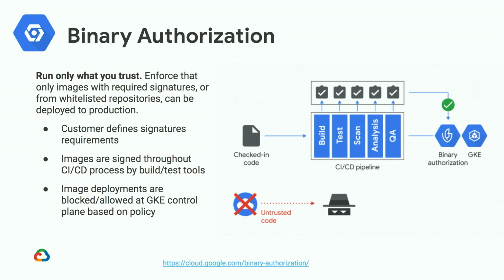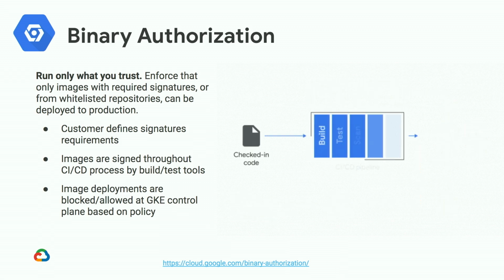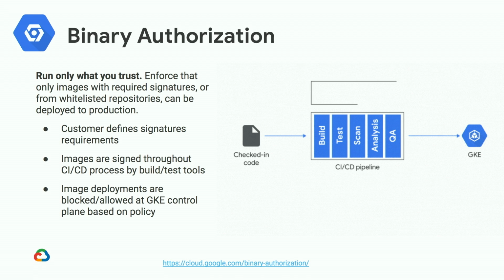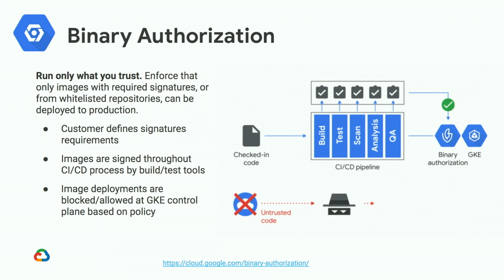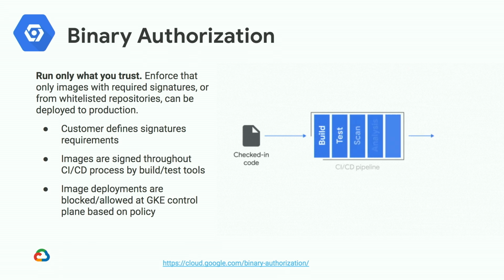So unauthorized images that either have a vulnerability, that are too old to be valid, or that don't match up with the attestation, are blocked from being deployed to any of your installations at the GKE control plane. We use an admission controller for that. At each stage of your CI/CD pipeline in Google, these attestations are checked and re-annotated.